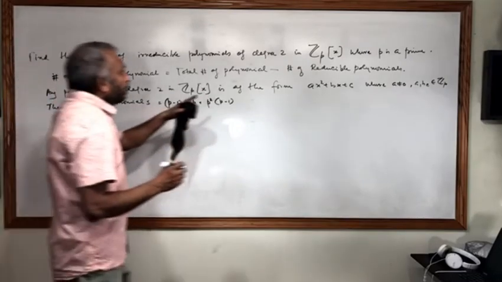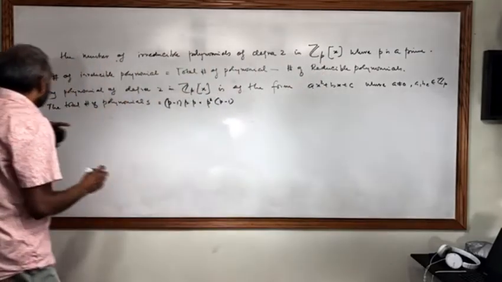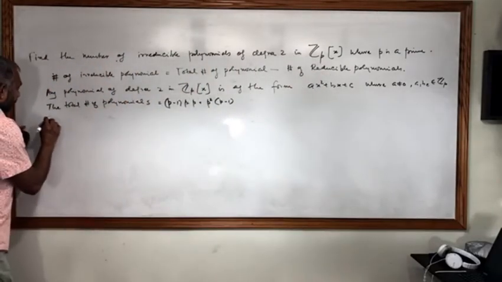Now we need to find out the number of reducible polynomials. So let us take an example here.